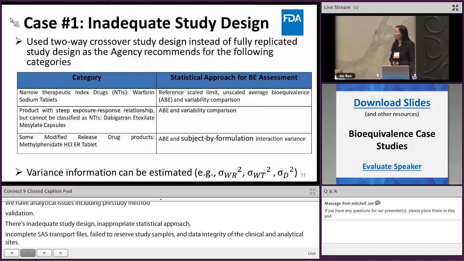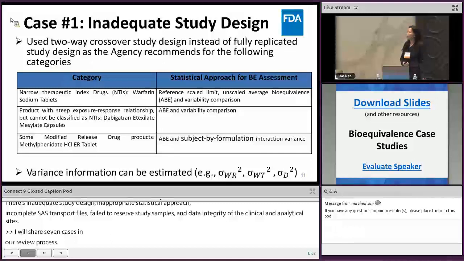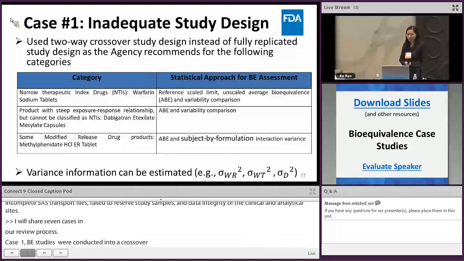Case 1, these studies were conducted as 2-way crossover instead of 4-way fully replicate studies for the following categories. 1, NTI drugs.